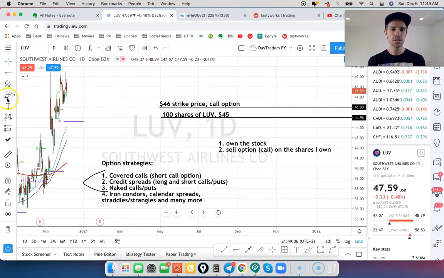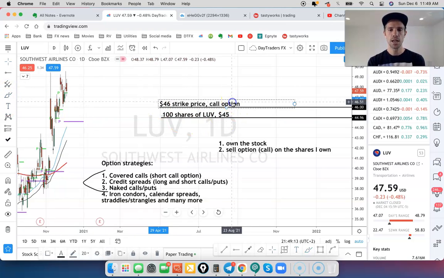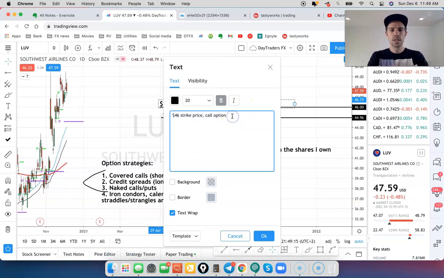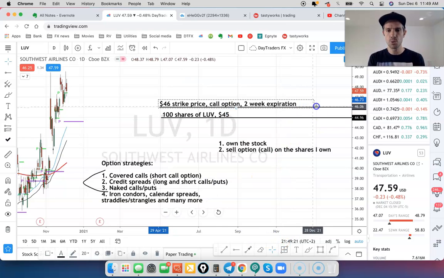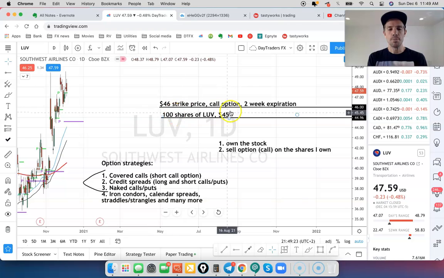Let's say that my expiration is, we'll just say, on this call option, a 2-week expiration, just for the sake of it. So I bought these shares here. I'm selling a 2-week expiration, $46 strike price.